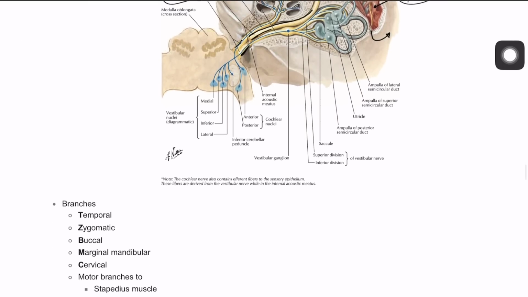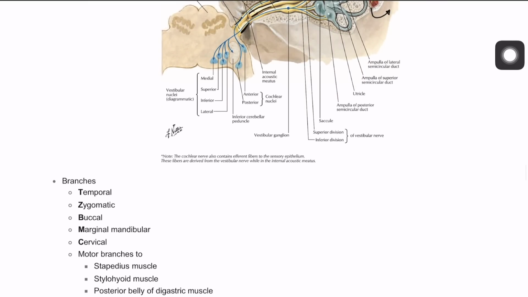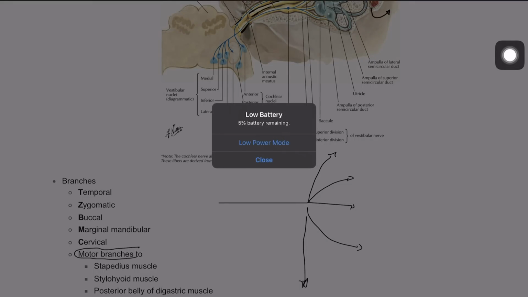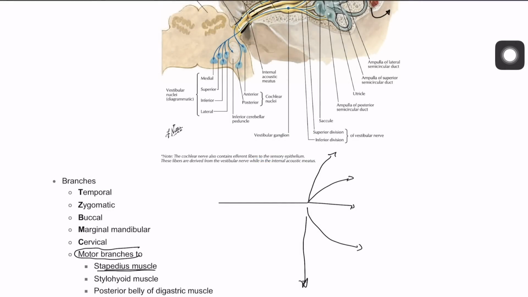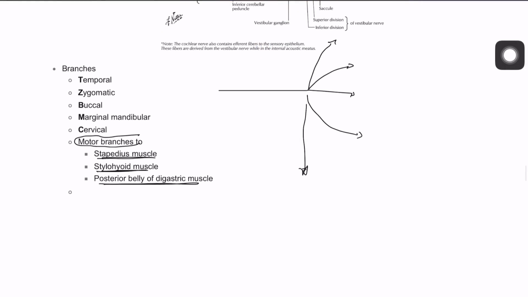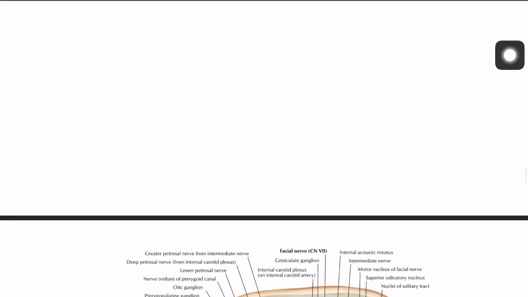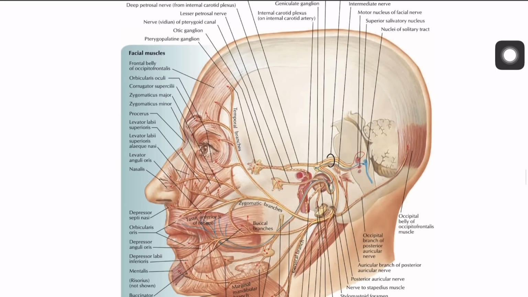Well, the branches at the end, when it comes out of the substance of the parotid gland, it will give temporal branch, zygomatic branch, and then buccal branch, marginal mandibular branch, and cervical branch. As we said earlier, it gives branches to the stapedius muscle, the stylohyoid muscle, and the posterior belly of the digastric muscle as well.